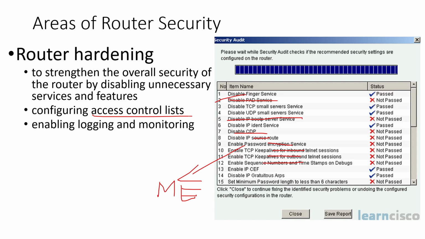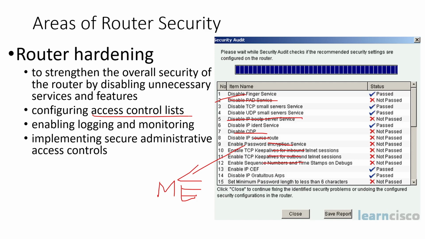This feature will log what is currently being done in your devices. And you can also monitor from these logs what has been done, what has been created, what has been changed, what has been updated. Logging is a very important tool for a network administrator, and this is one way to harden your router, your devices.